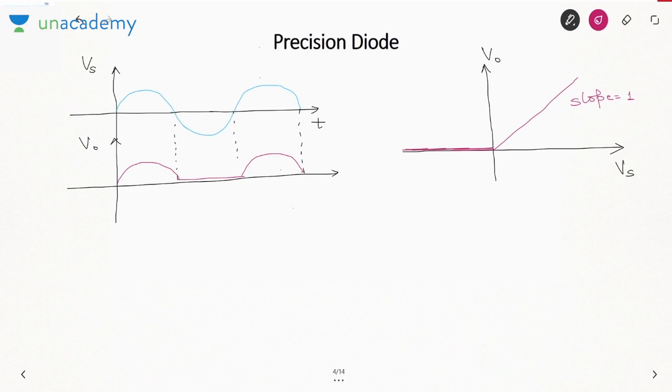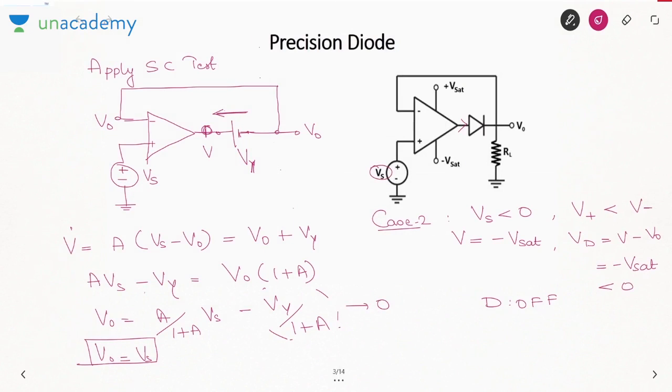But see, when the diode was off, what was the voltage across the diode? Minus Vsat. So that will be called the peak inverse voltage. That is, the maximum negative voltage is Vsat. It is very high, and this high voltage can lead to breakdown.